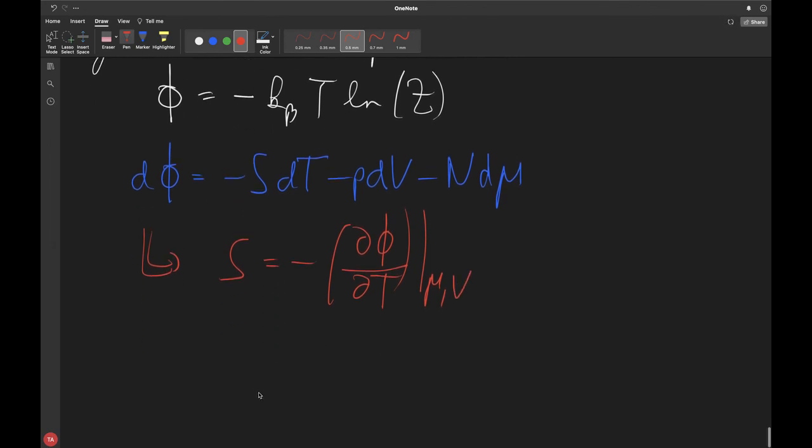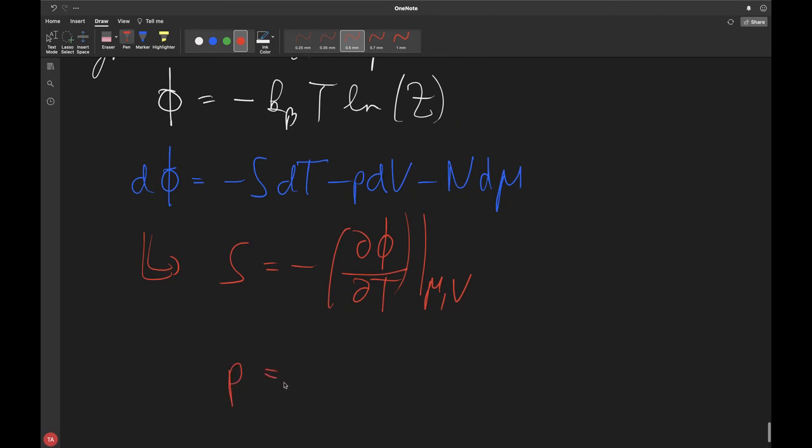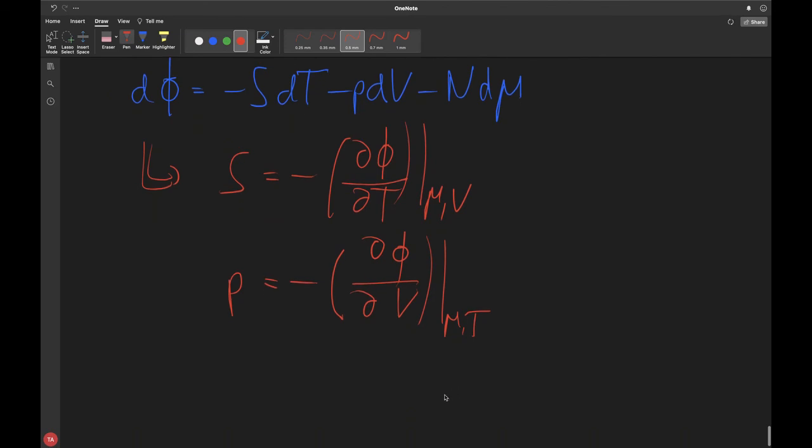Then we can get the pressure out of this by taking the minus derivative of the Phi by the volume and keeping the mu and T constant. Then we can get the chemical potential mu by taking minus T times the derivative of the entropy by the number of particles and keeping the volume constant.